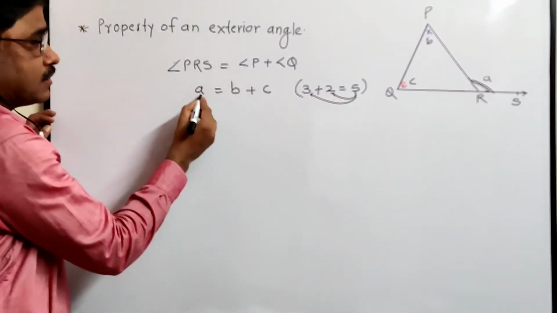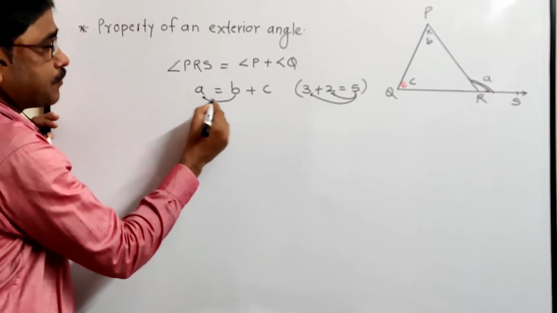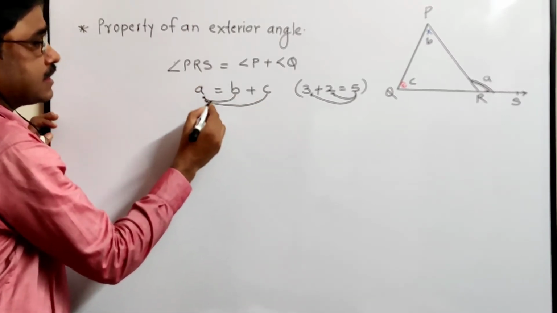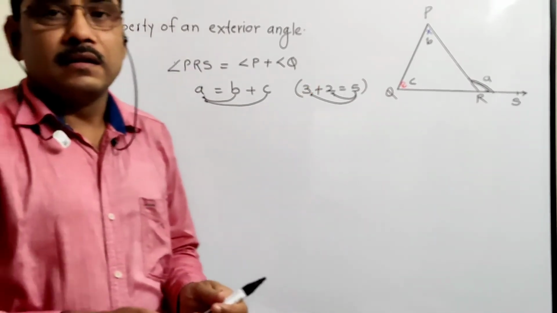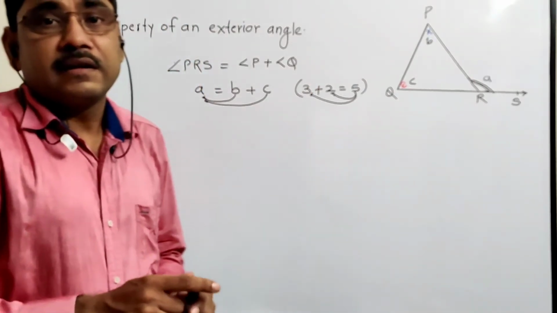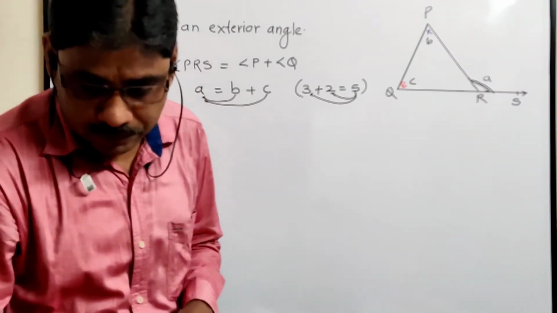Similarly here, this exterior angle A is always greater than B and greater than C, and that is the property: the exterior angle is greater than its remote interior angles.